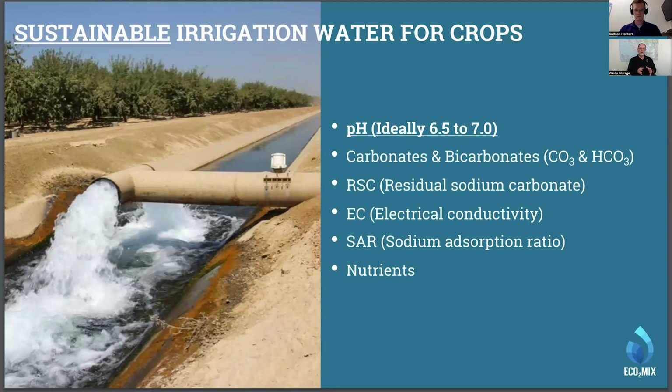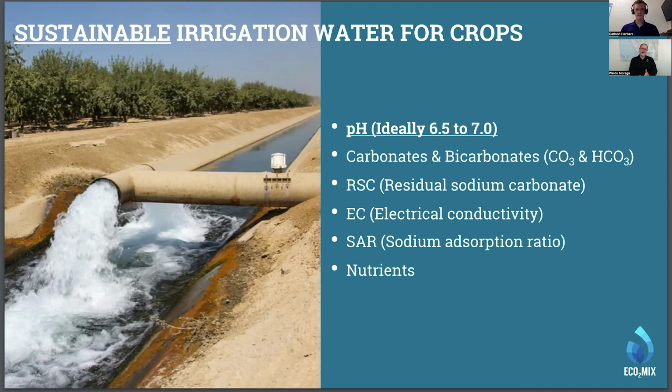To me, there are 6 important parameters to consider when we look at the sample results: pH, bicarbonates or carbonates if the water pH is high, residual sodium carbonate, electrical conductivity, sodium absorption ratio, and nutrients.